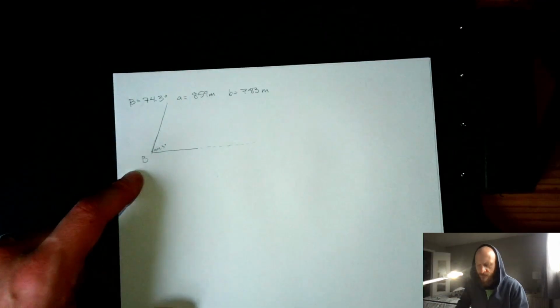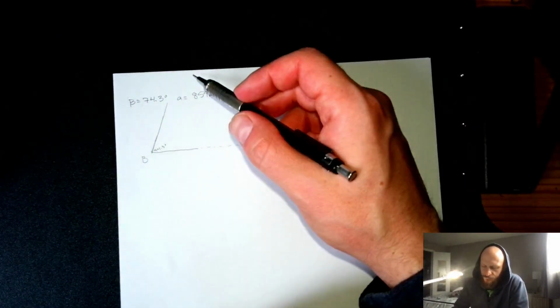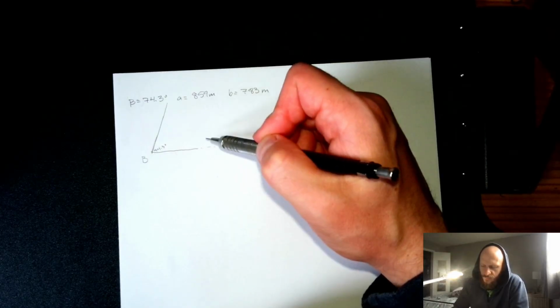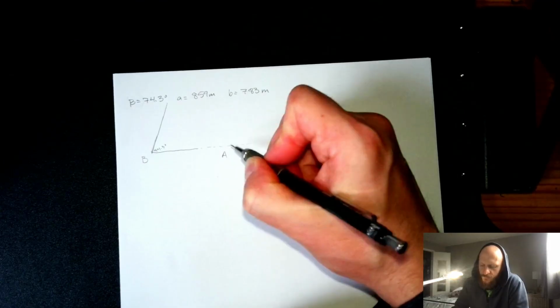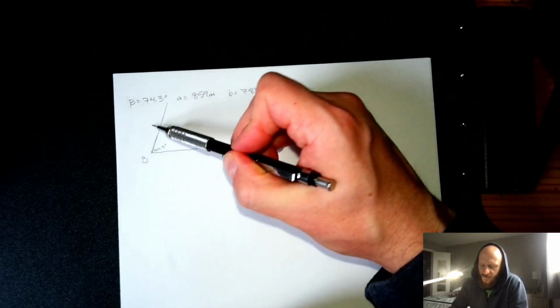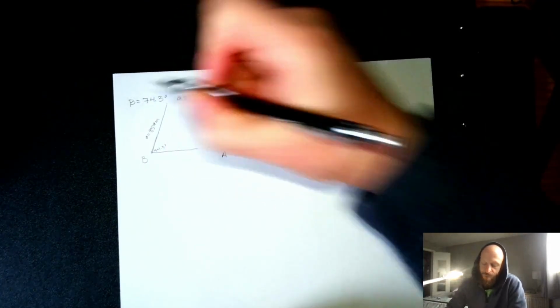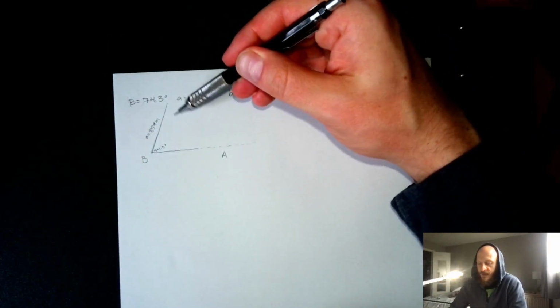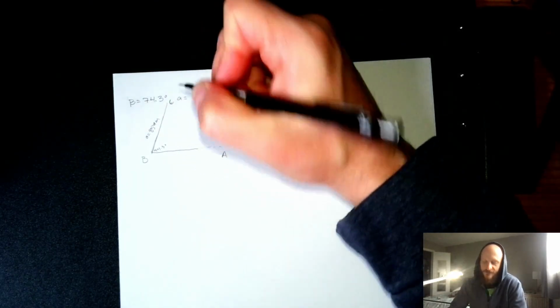So 74.3 degrees in there. Again, I'm going to put angle A down here somewhere so that this can be side A. And then side B will be hanging from this hinge, so angle C is up here.